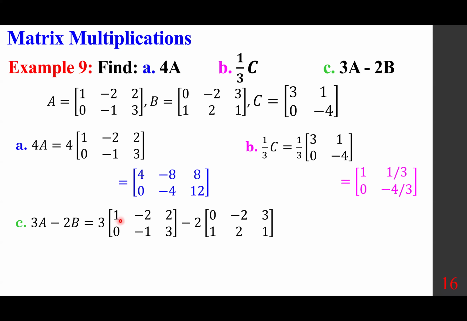This one becomes 3, minus 6, 6, 0, negative 3, positive 9. This one, we are going to apply the negative 2 so we can add them up. So this one doesn't change. We are going to say plus, going to distribute the negative 2.